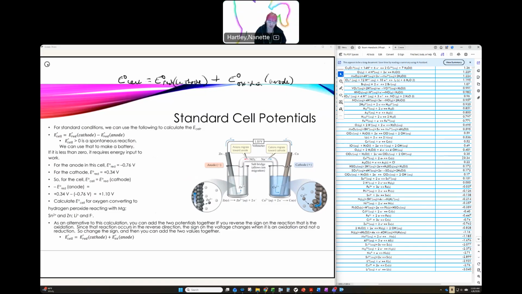So they find the oxidation value. Now, what is the oxidation value? It's the exact same thing. We just changed the sign. So instead of having this like this, we'd have this as 0.76 volts when we talk about the oxidation value.